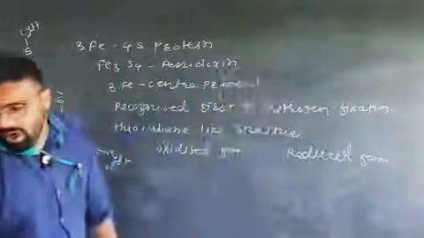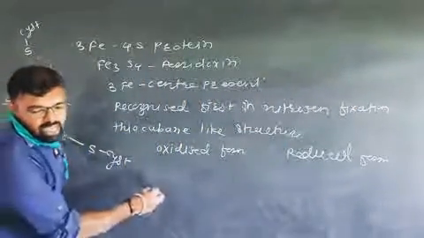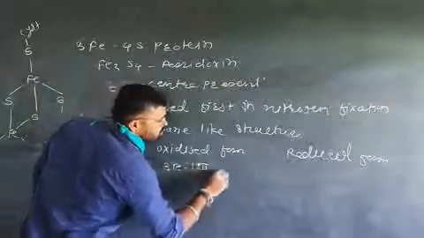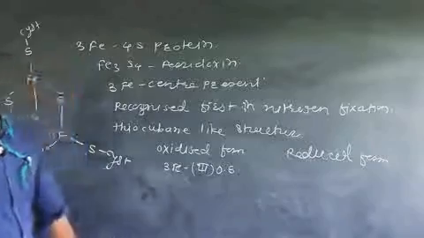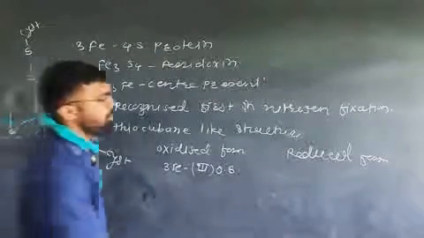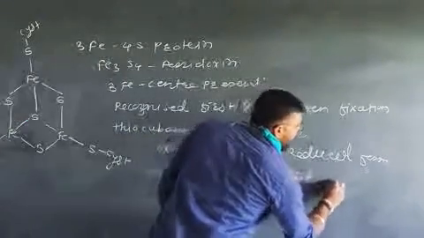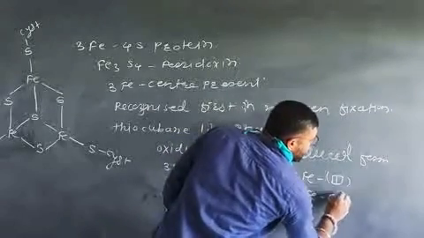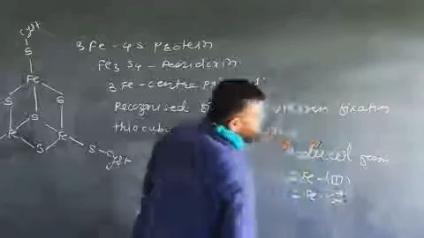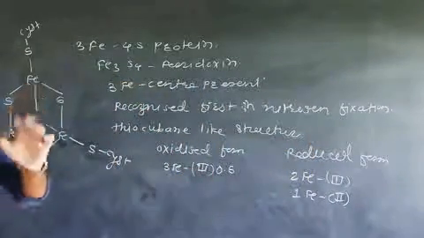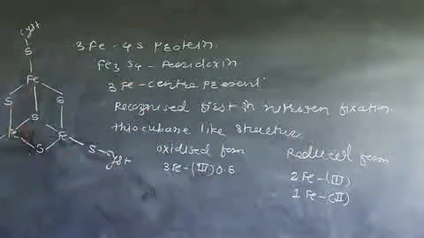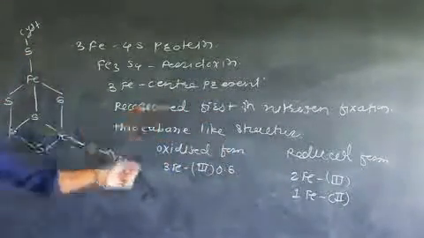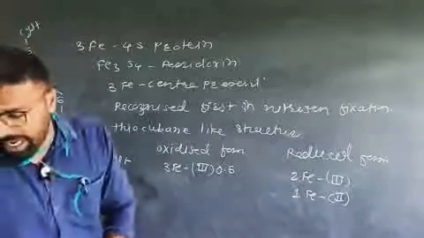In the oxidized form, 3Fe are in +3 oxidation state. While in the reduced form, 2Fe are in +3 oxidation state and the remaining 1Fe is in +2 oxidation state because it involves the transfer of 1 electron. Because of gaining 1 electron, 1Fe is converted from +3 to +2 oxidation state, right?